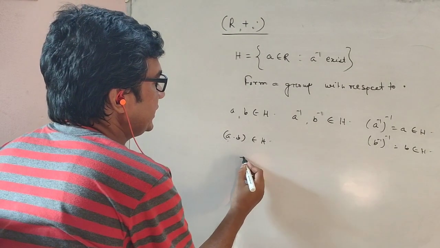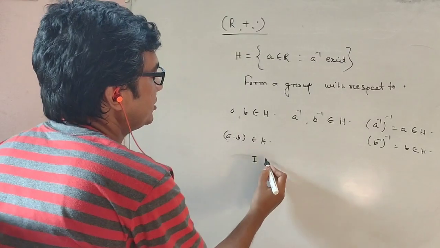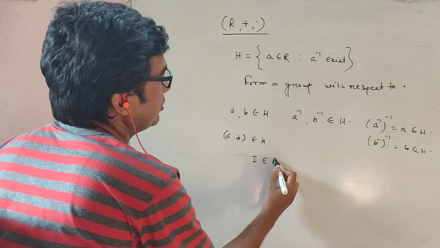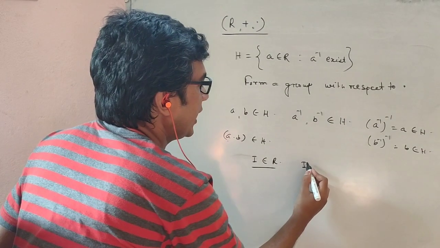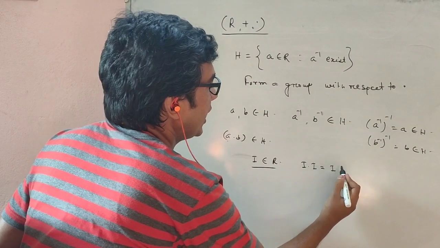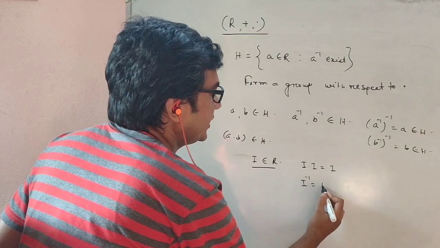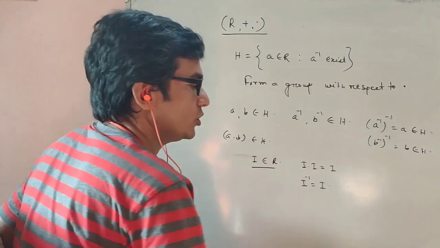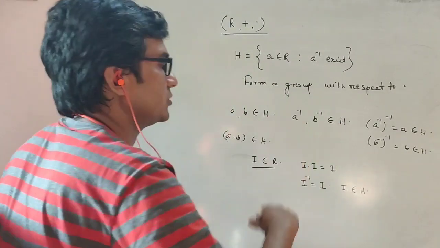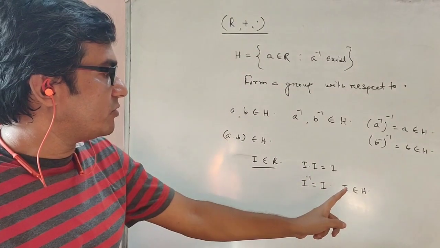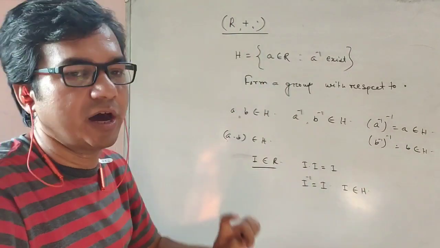Let E or I be the identity element of R. Then we know that I into I equal to I. So the inverse of identity is I also. So I belongs to H. So the identity of H is also the identity of R.